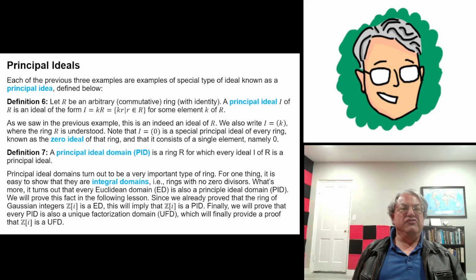But if we can prove that every Euclidean domain is a principal ideal domain, and in turn every principal ideal domain is a unique factorization domain, then we'll be in business because we already know that the Gaussian integers is a Euclidean domain. So it'll follow that the Gaussian integers is a principal ideal domain, and further that it's a unique factorization domain. And then we'll be able to do a lot of nice stuff with Gaussian primes.